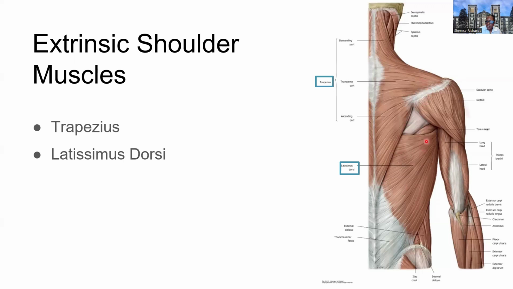Latissimus dorsi is another very large, very superficial muscle. This one is more of a fan shape as opposed to a diamond shape. And it is basically going from the lower spinous processes across the axilla to insert at the intertubercular groove. We actually already talked about this landmark when we talked about the greater and lesser tubercle of the humerus and the intertubercular groove.